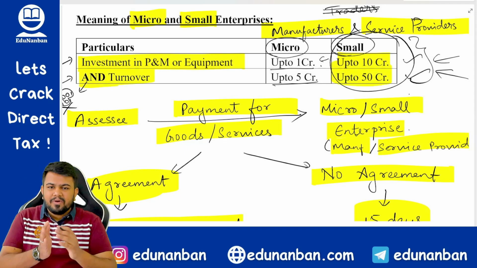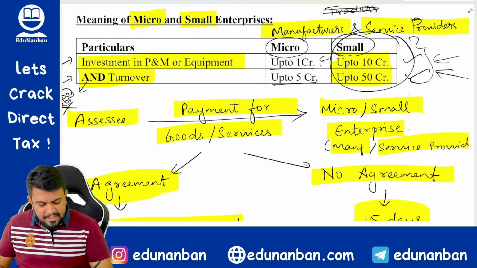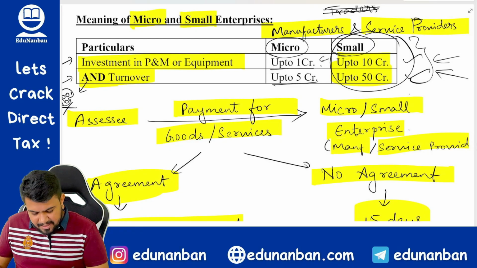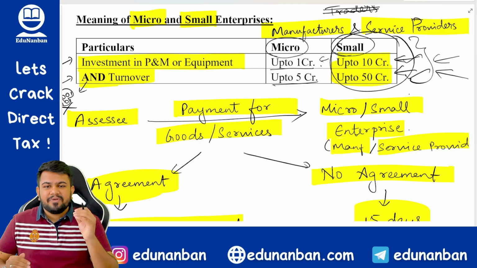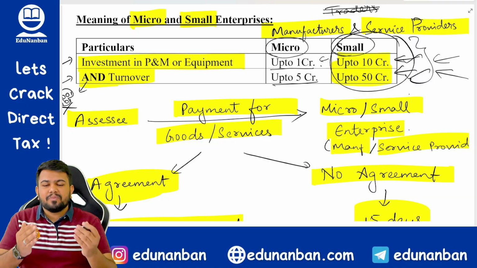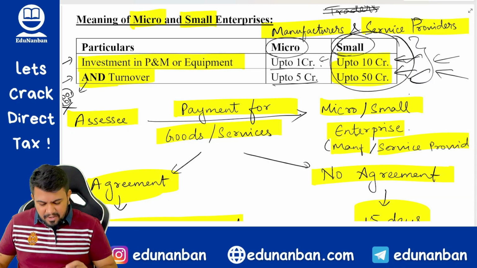Since both micro and small enterprise are covered in the same provisions, you just see whether the person to whom the payment is made has investment in plant and machinery up to 10 crores and turnover up to 50 crores. If it is covered, then such enterprise will be covered under the micro or small enterprise and payment made to them should be within the due date specified in the MSMED Act of 2006.